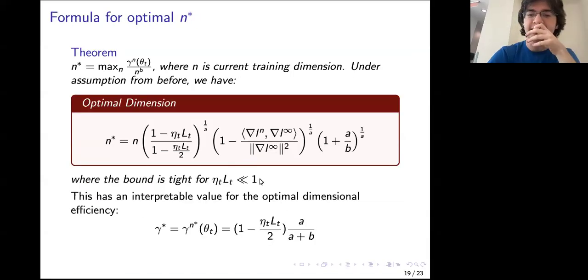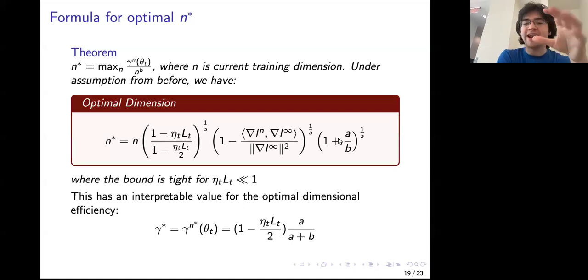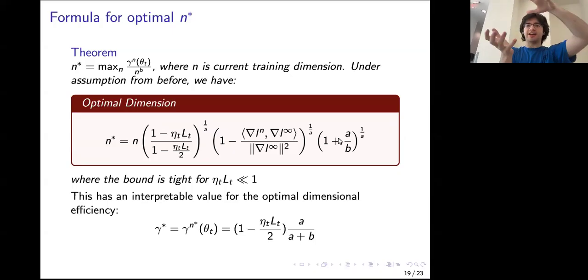So the optimal dimension depends on the ratio between the amount you gain by increasing the dimension and the amount you lose by increasing it, which is the compute cost. There's also dependence on this similarity term, the smoothness, and the current dimension.